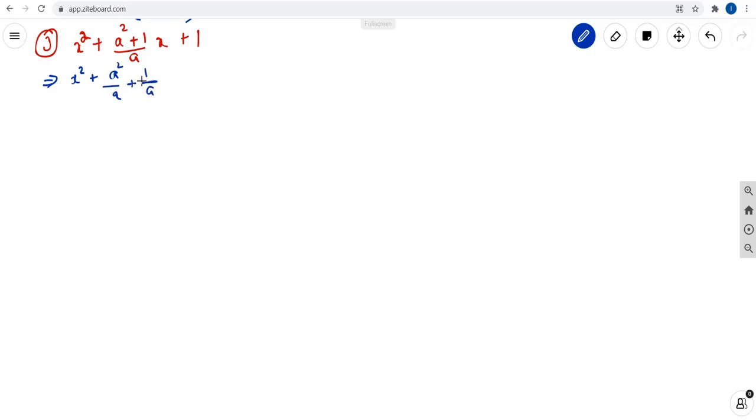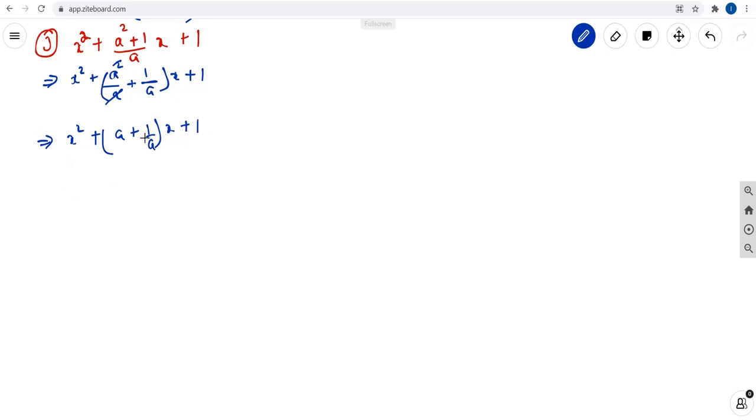I have taken, so I am dividing a square and 1 by a. This will be the term into x plus 1. The 1 and this one will get cancelled. So what will be left? x square plus (a plus 1 by a) into x plus 1.